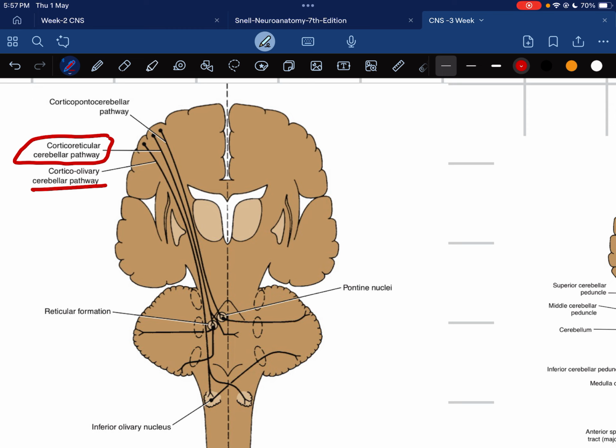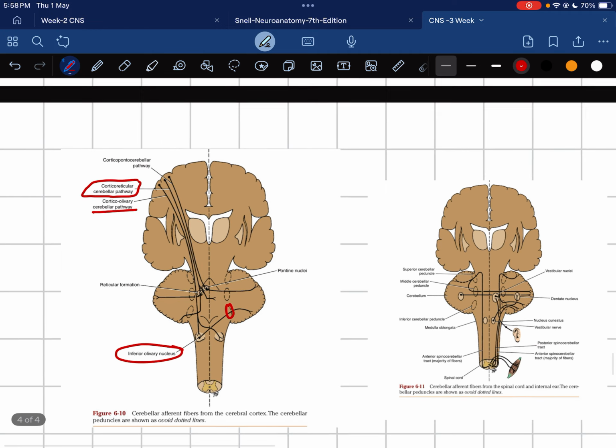From the cortex to the inferior olivary nucleus, and from there it goes to the contralateral side of the cerebellum through the inferior cerebellar peduncle.